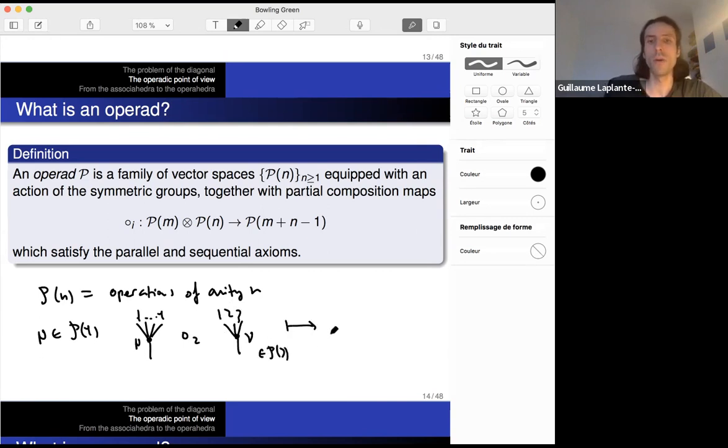Then you have a way to compose them, mu circle_2 nu. You put nu on the second leaf of mu, like this, and you get a new operation which has 4 plus 3 minus 1 inputs. So it would have 1, 2, 3, 4, 5, 6 inputs and 1 output.